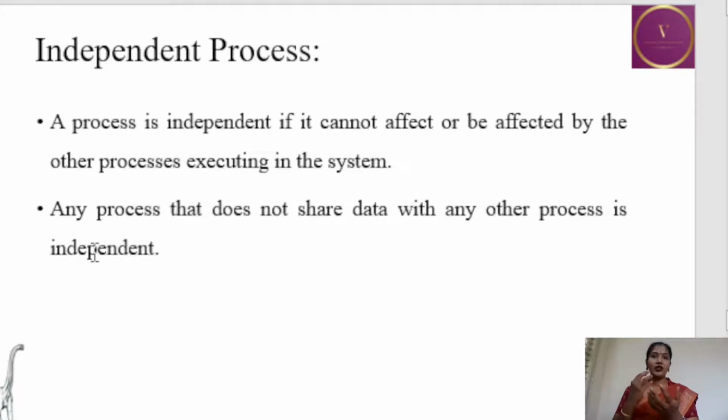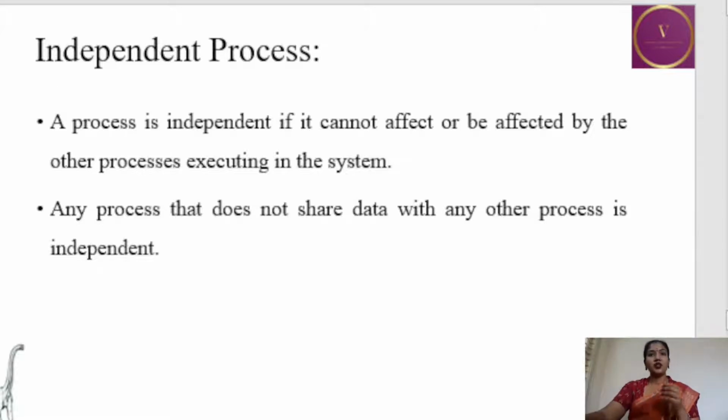When we say a process is independent, it is not going to communicate with other processes. Communicate in the sense that it is not going to share data with other processes, and it is not going to make use of data from other processes. So it is extremely independent. Such a process we call an independent process.